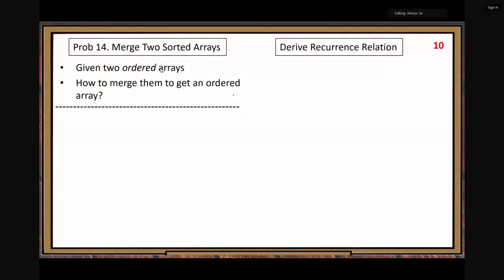Derive recurrence relation. We need to do some formula calculation here. Estimate worst case efficiency. Because the goal, we want to prove the worst case is big theta of n log n. How to see that?